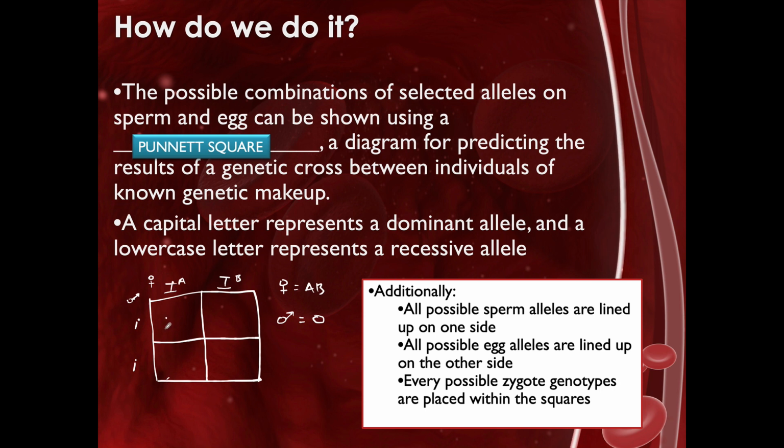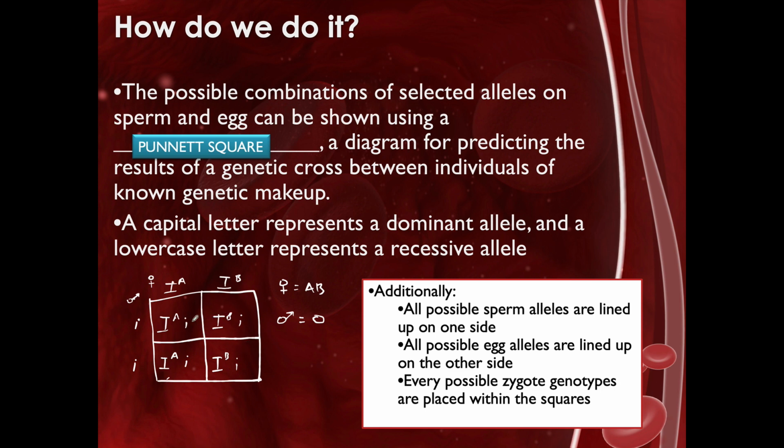But let's go ahead and start dropping these letters into the proper boxes below them or to the side. So here we go with our IAs and our IBs. And for dad's contribution to the next generation, we have all lowercase i's. Now, what does this mean as far as the box we filled up?